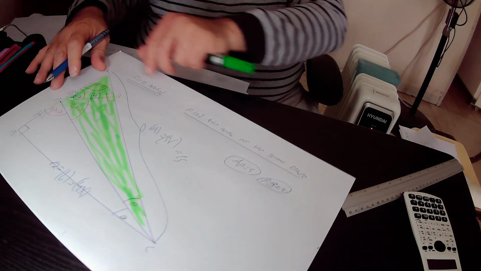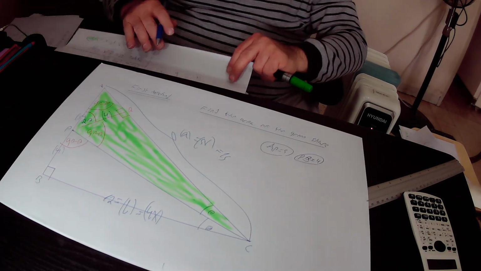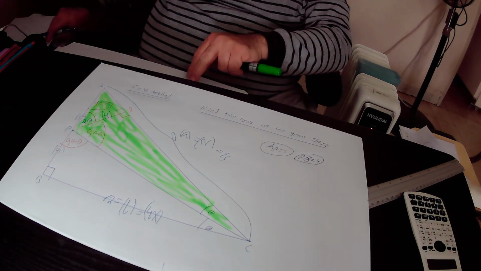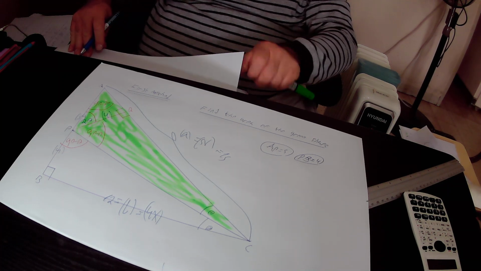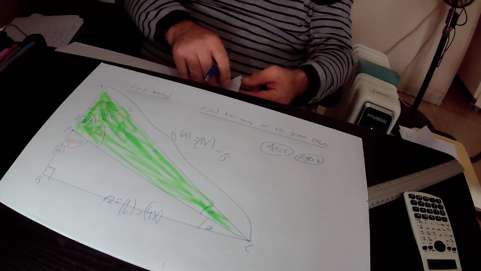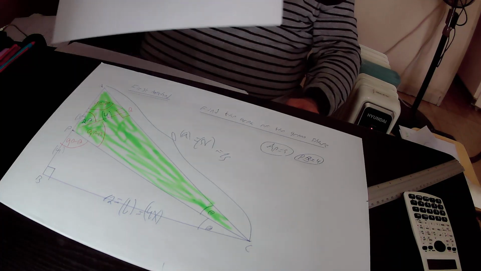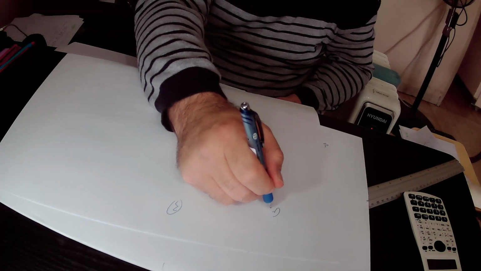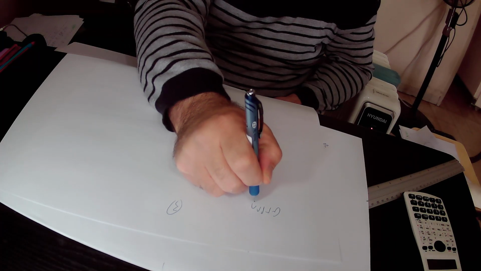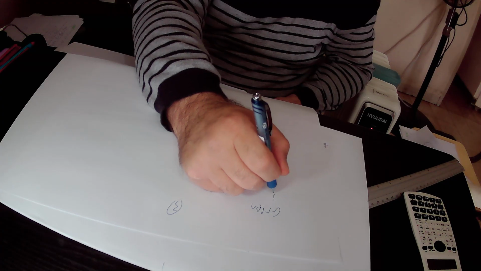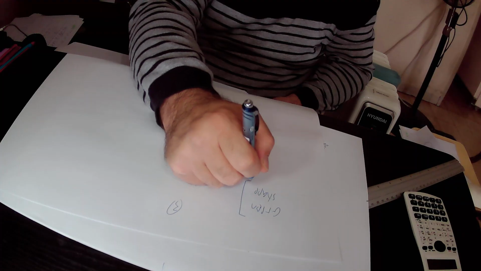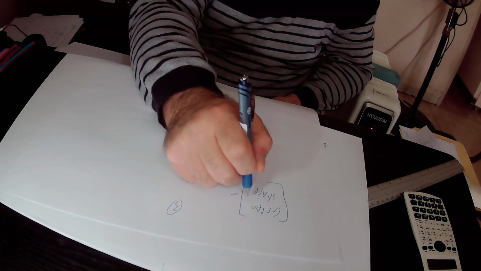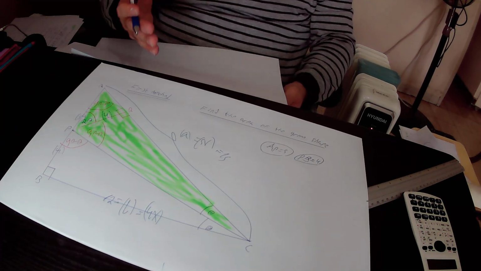Our task is to find out the area of this green shape. What is the green shape?